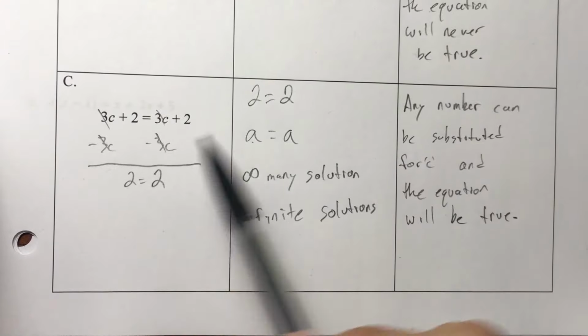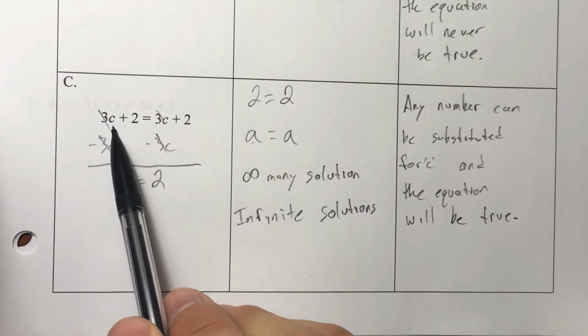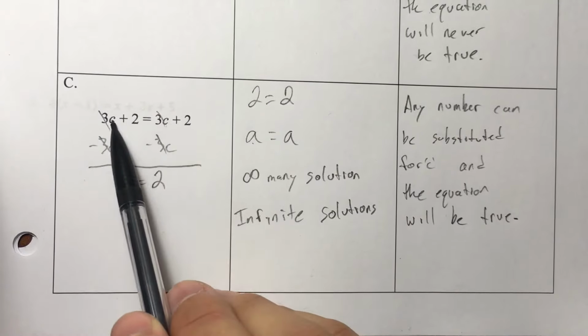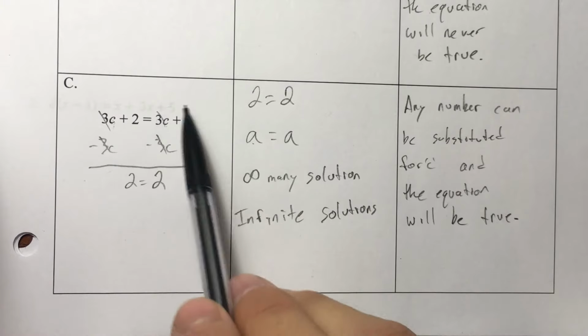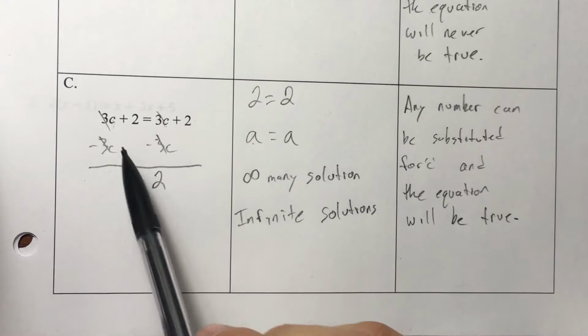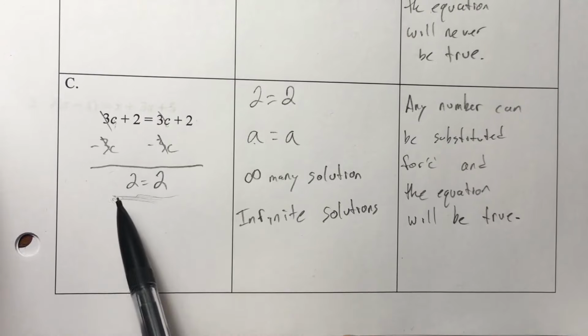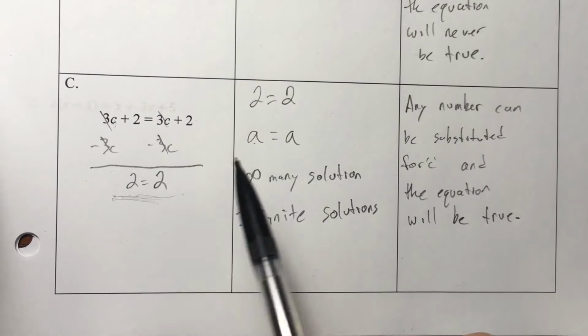No matter what number you pick for this variable c, when we substitute it in here and we substitute it here, this side of the equation will always be equal to this side of the equation. So again, you prove that by solving and finding that two numbers are equal to each other on both sides, and making sure the numbers are the same.